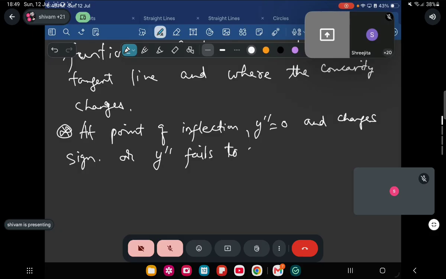Even if y double dash fails to exist, around that point y double dash will change its sign. Remember, changing sign will be there.